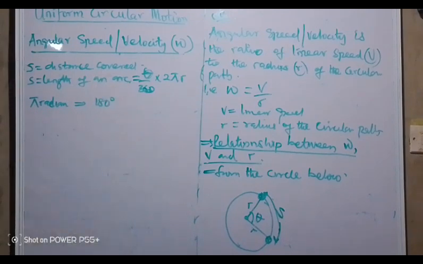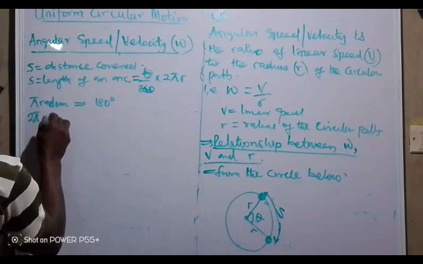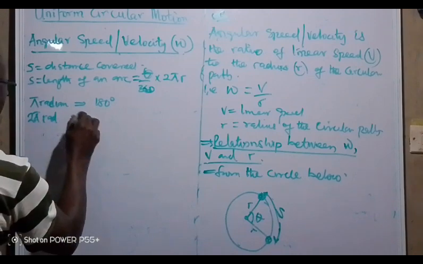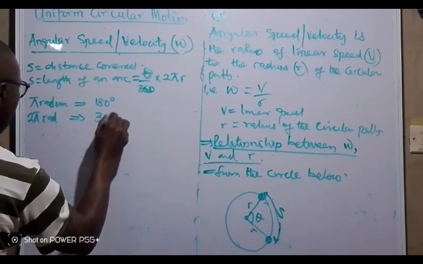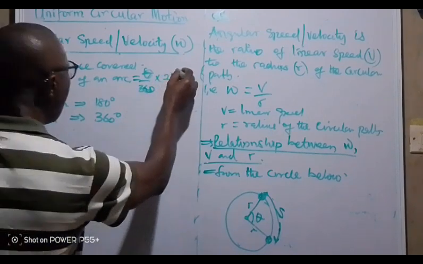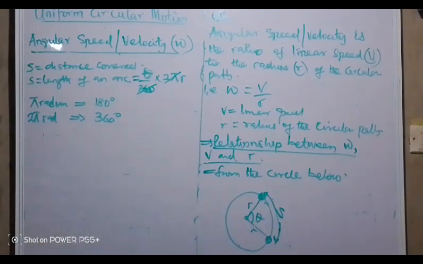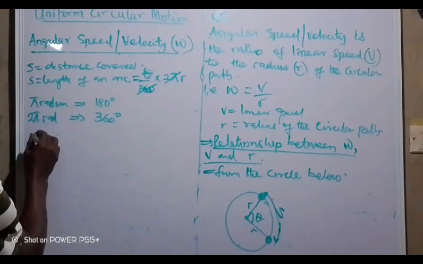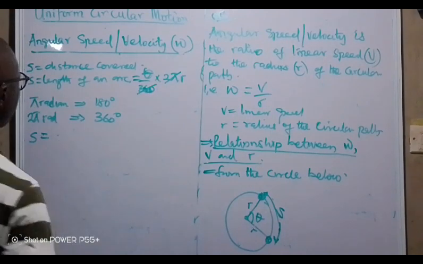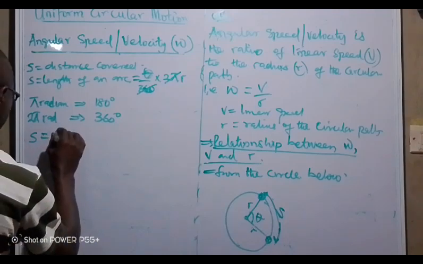If we have 2 pi rad, then it is equal to 360 degrees. If 2 pi rad is 360 degrees, then this term will cancel this one. Then we are left with s, the distance covered by that body, is equal to theta r.